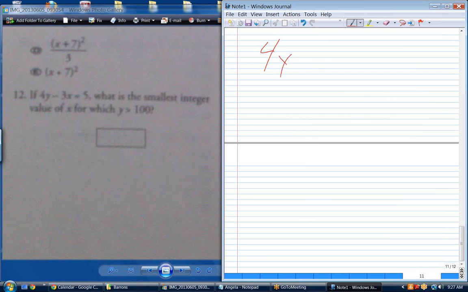For y minus 3x equals 5, what is the smallest integer value of x for which y is greater than 100?